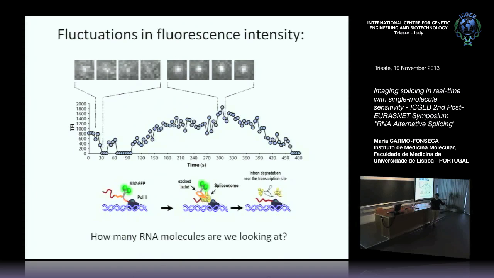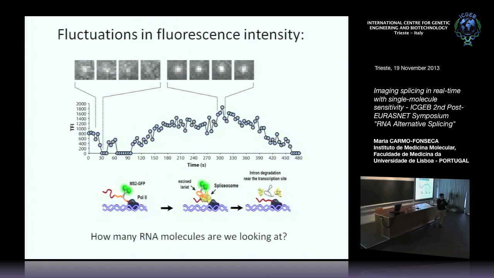several levels of fluorescence intensity, and because the same gene can be simultaneously transcribed by several polymerases, one problem that we had to figure out is how many molecules of RNA are being simultaneously detected in these plots.